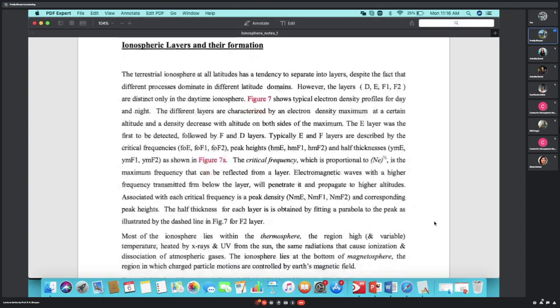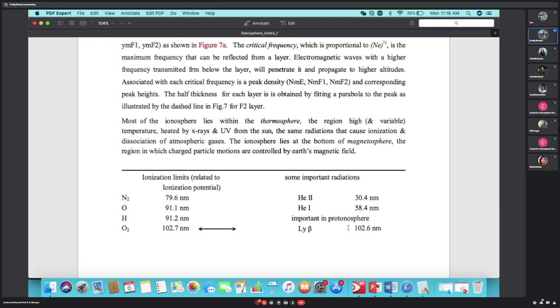Now, as we know, most of the ionosphere lies within the thermosphere. Thermosphere, as we have mentioned, in terms of temperature, the spheres can be troposphere, stratosphere, mesosphere, thermosphere, okay?